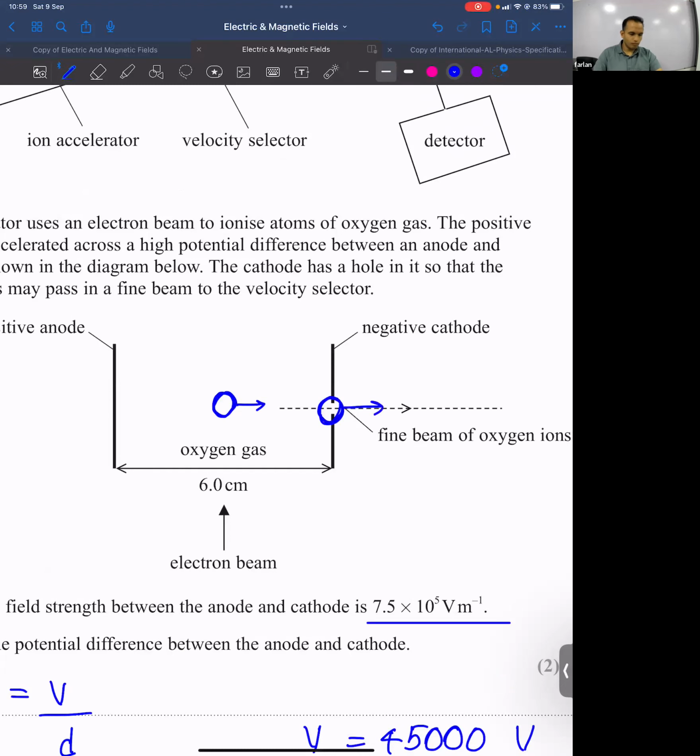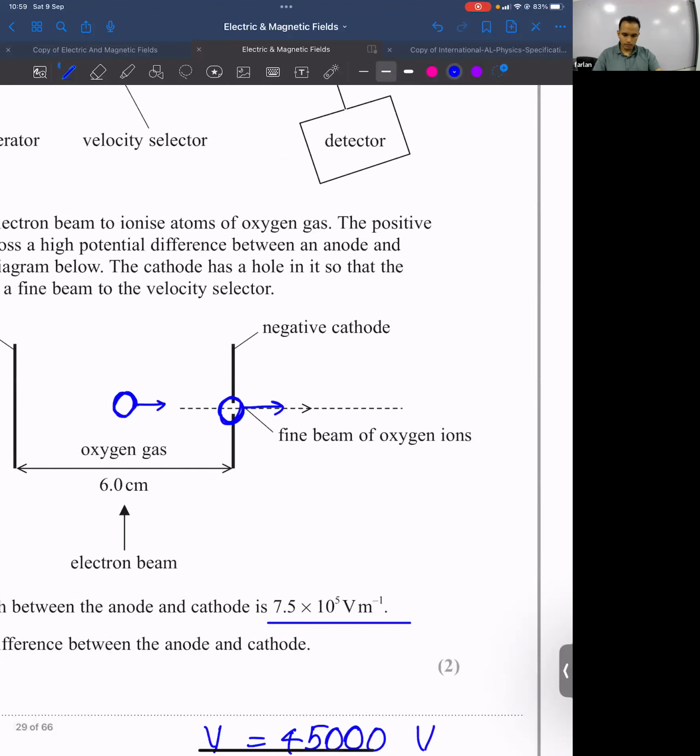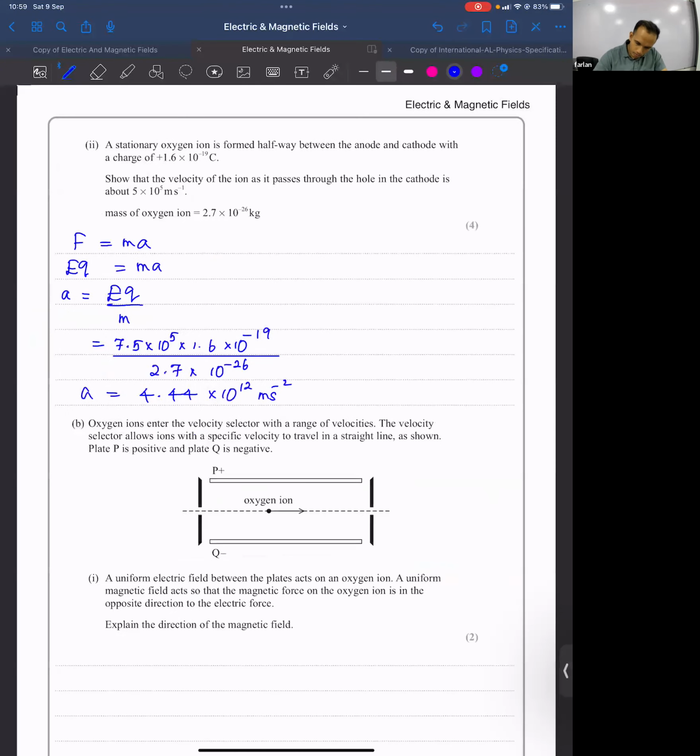Grade 9 physics. V squared equals U squared plus 2As. V is what I want. V squared equals U, which is 0, plus 2 into the acceleration, 4.44 × 10^12, into the s.